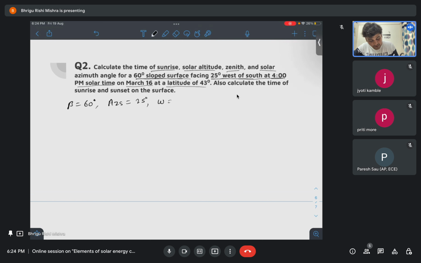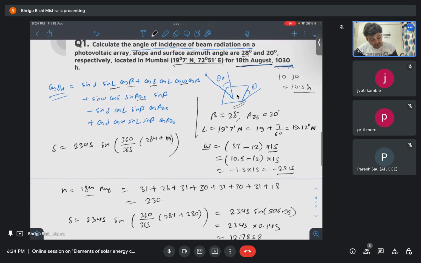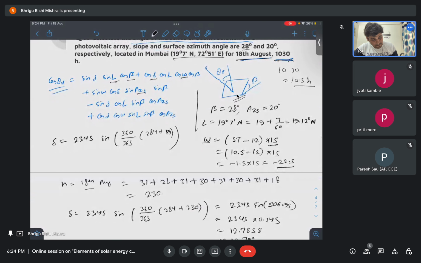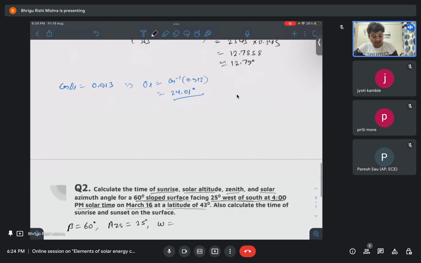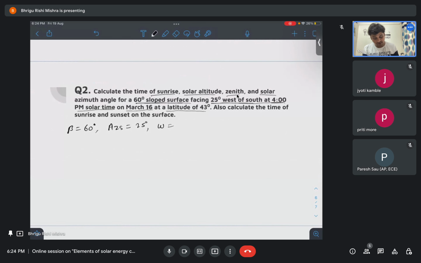Again with the same formula as before, omega equals (ST minus 12) into 15. So we can use the same formula to calculate the omega here also. ST is 4 pm, and pm means we need to add 12, so 12 plus 4, 16, minus 12, into 15, so it is 60 degree.